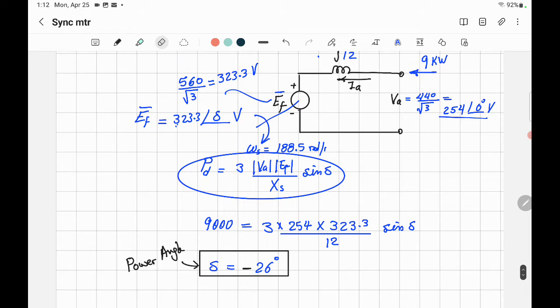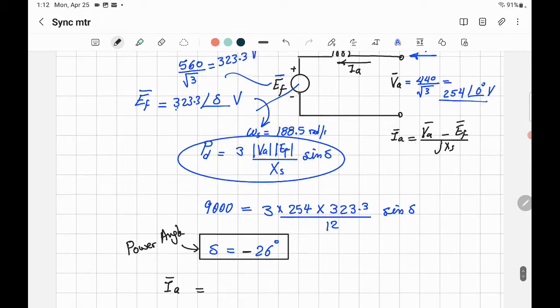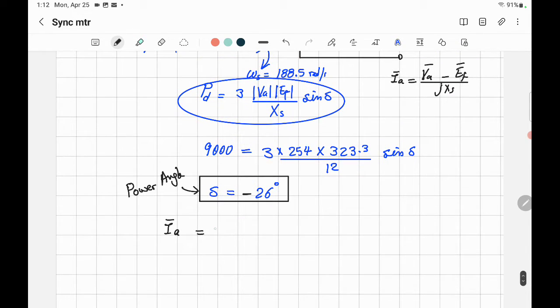We look at this one. What's the equation that you're going to use? Well, we know that the current IA will be equal to, the armature voltage is bigger than the excitation, so say VA minus EF divided by jXS. All right, we'll just do that. So let's say IA is equal to VA, and VA is equal to 254 with angle 0, minus EF.